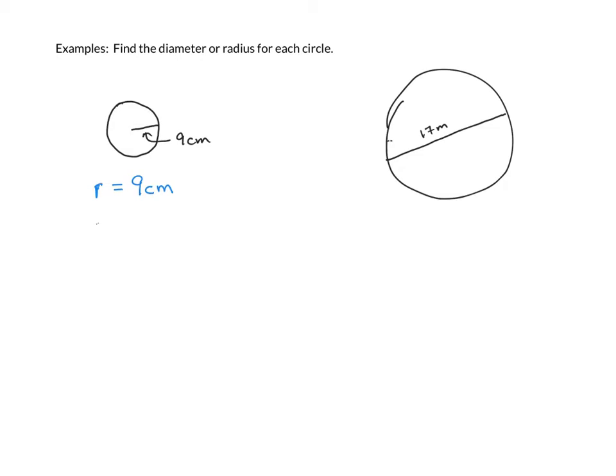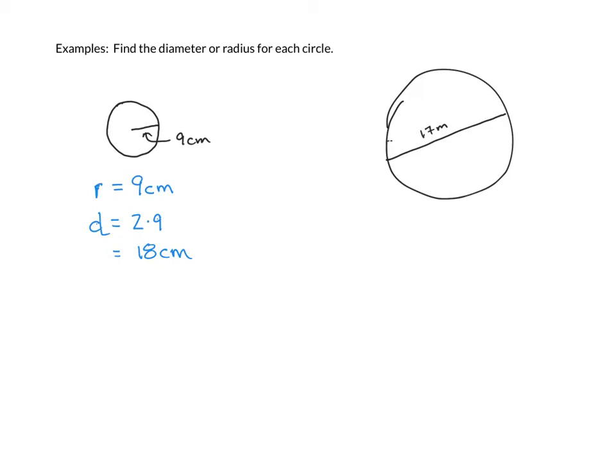We want to calculate the diameter. So remember that the diameter is equal to 2 times the radius, or 2 times 9. So we get the diameter is equal to 18 centimeters. The diameter is the distance across the circle, so it's going to be regular units.